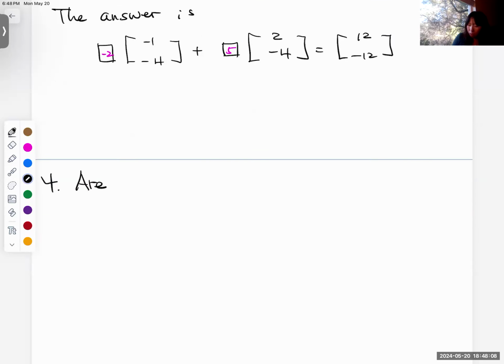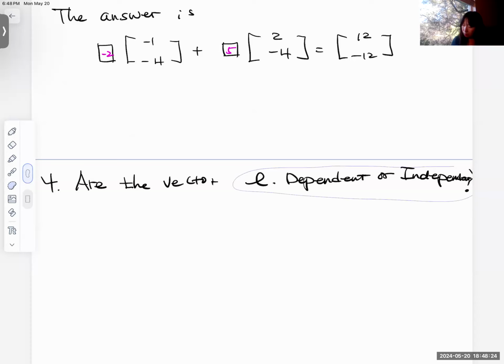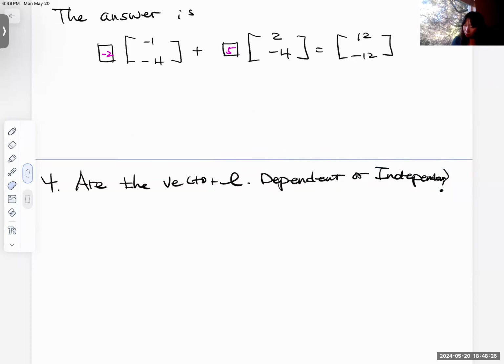So are the vectors linearly dependent or independent, right? So we went over last time. Linearly dependent, then we can express zero vector.